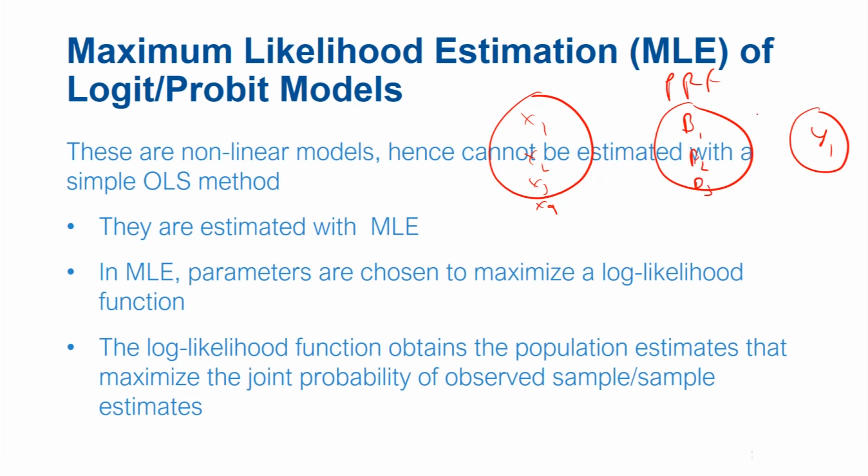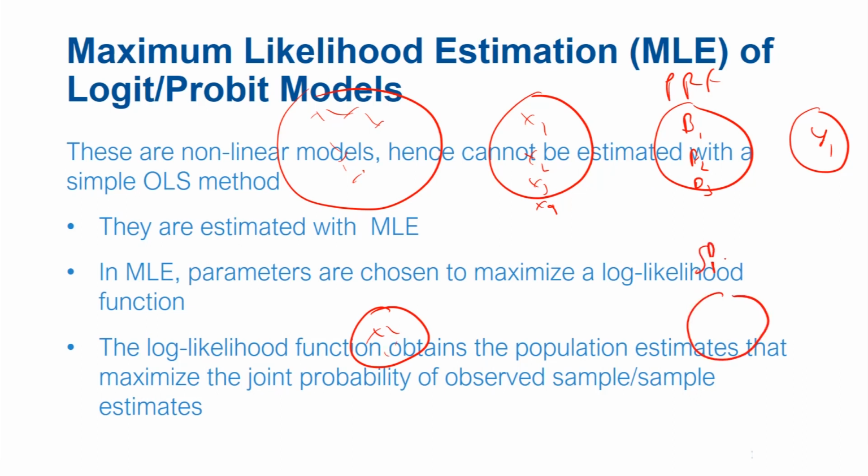However, we do not have the luxury of working with the population, which is a very large set of data mapping xi to yi. We work with a rather small sample, and we estimate what is called the sample regression function, SRF, which tries to map these variables x1, x2, x3, and so on with our variable of interest yi as the dependent variable. But here what we estimate is beta 1 hat, beta 2 hat, beta 3 hat, and so on.